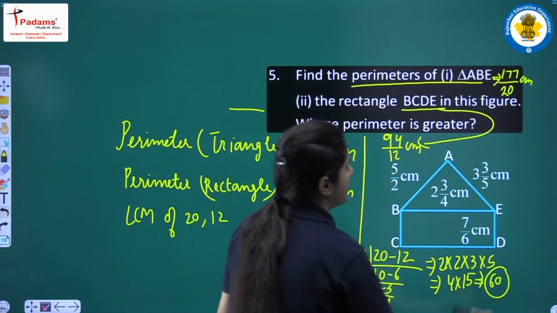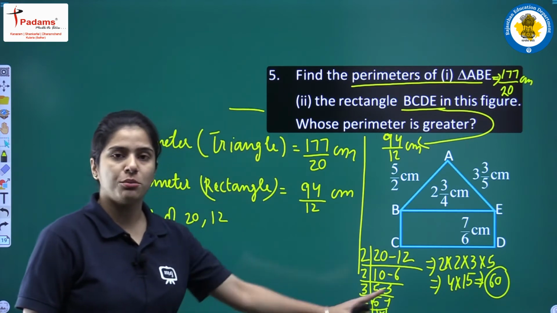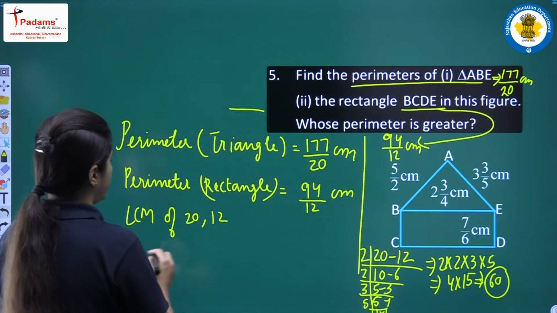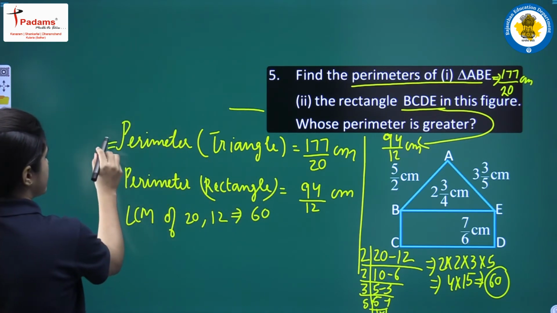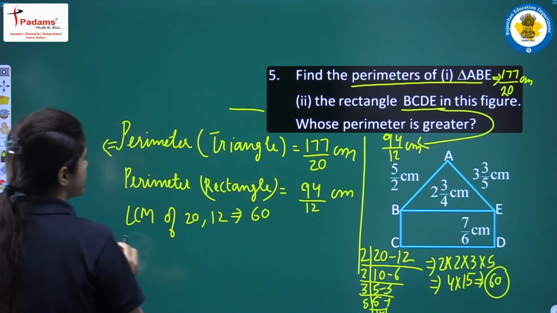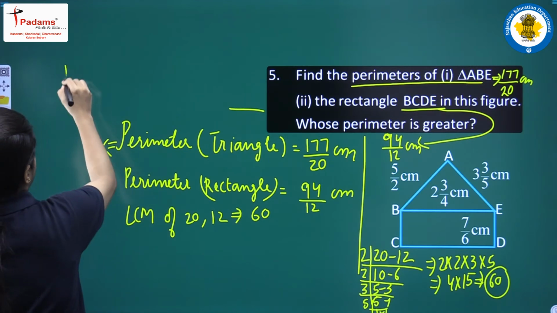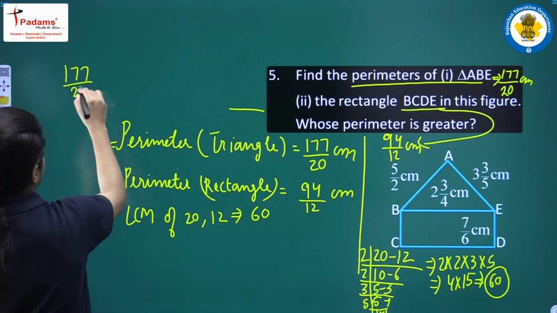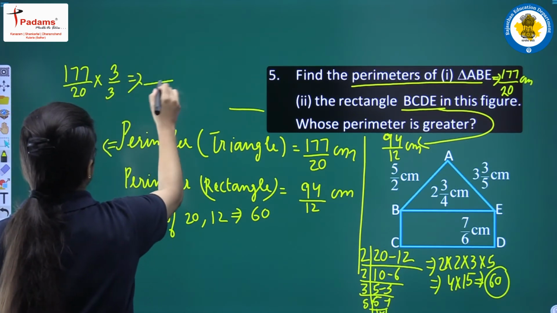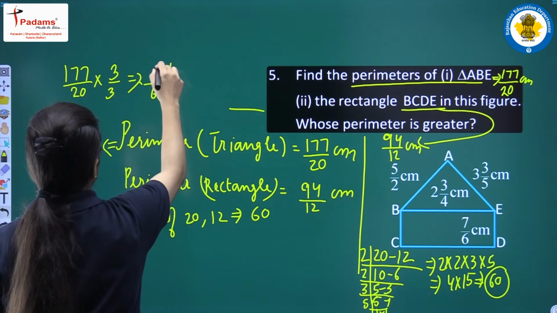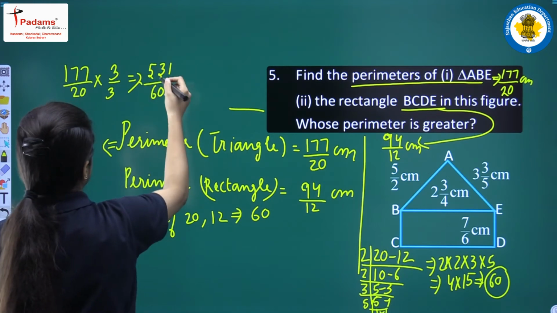We have to make its denominator equal to 60, okay. So this is 60. Firstly, for making its denominator equal to 60, what you need to do? You need to multiply it by 3 by 3, okay. So it means it is 60 and it is 531.